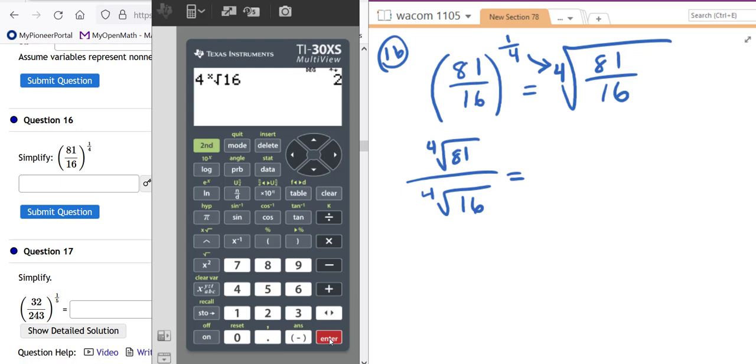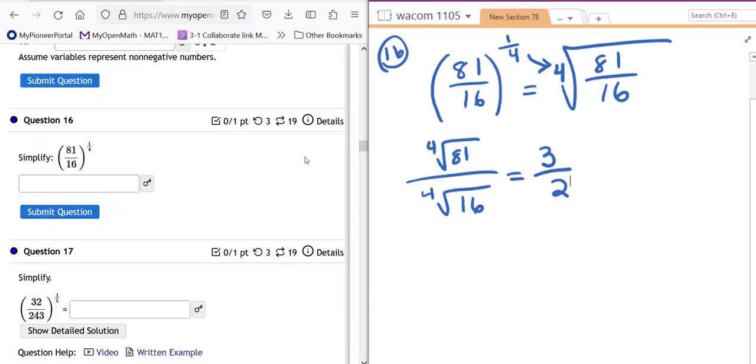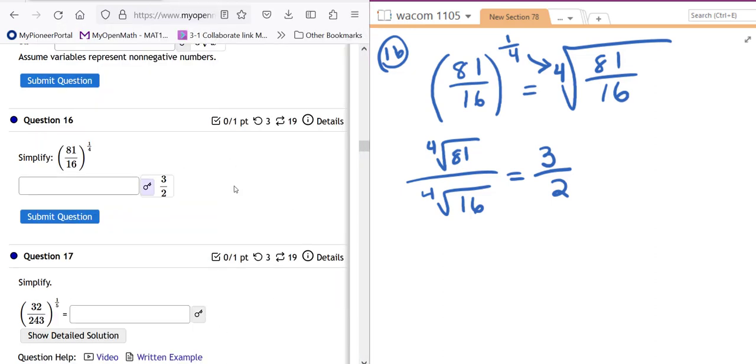That is a 2, and I believe that 81 is also a perfect 4th power. So 4, second, any root, 81, enter. So 3/2. Good.